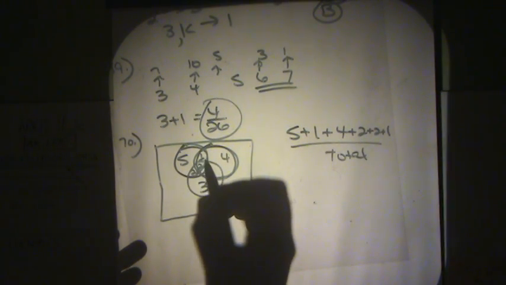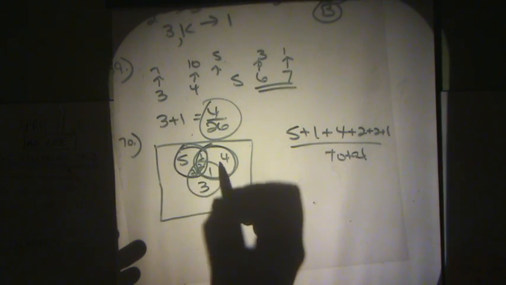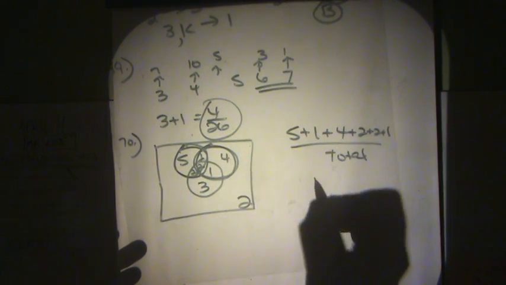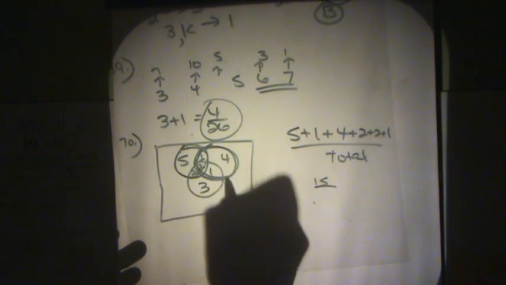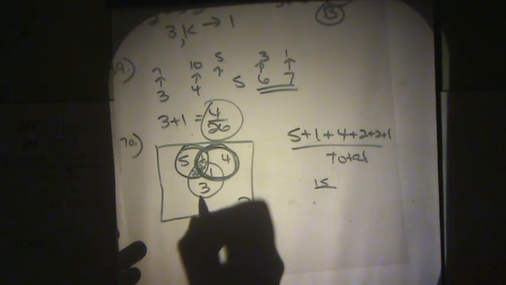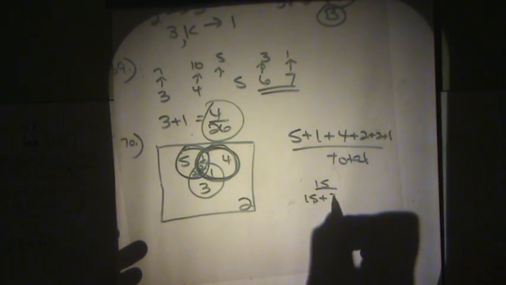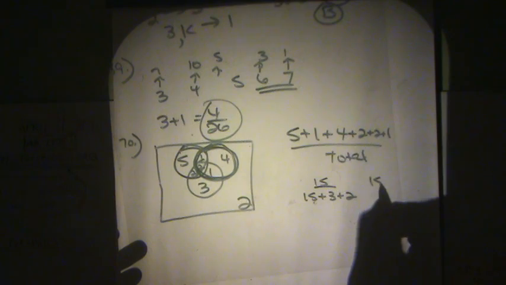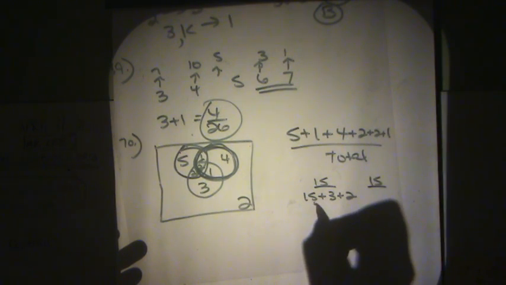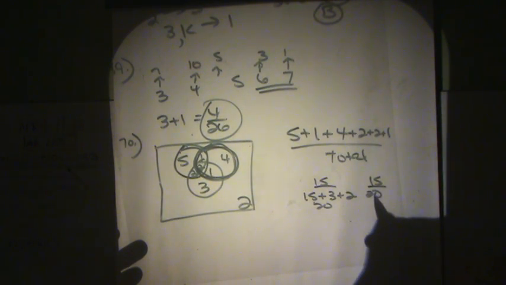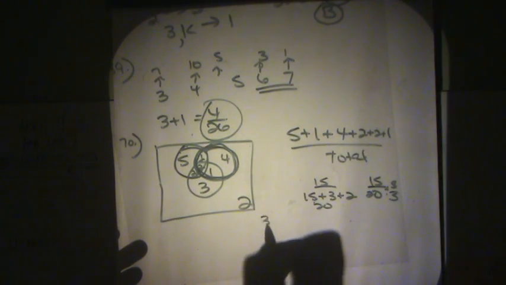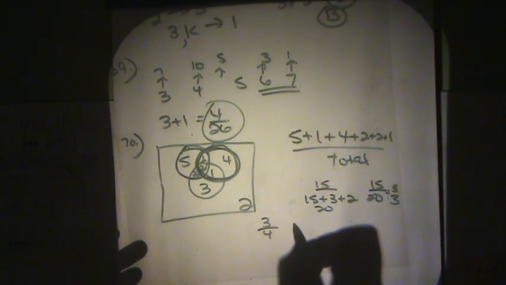So let's see. 5 and 1 is 6, 7, 8, 9, 10, 11, 12, 13, 14, 15. So the total, you're going to have to add this 3 to the 15 and the 2. So it'll be 15 over 20, which simplifies by 5 over 5 to 3 fourths, which is C.